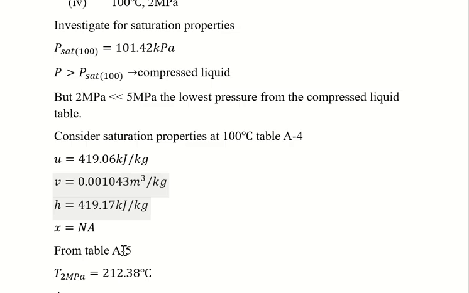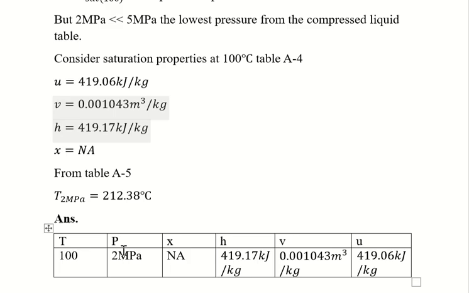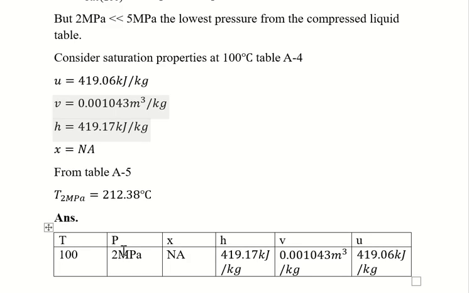Actually, that's all we have to do because we've been given temperature and pressure, and it's here. And for your information, if this were to be true, the temperature would have been 212. You see? So you conclude by that.